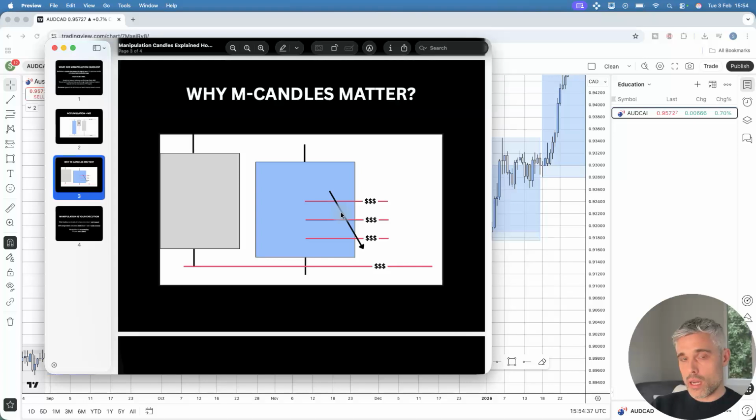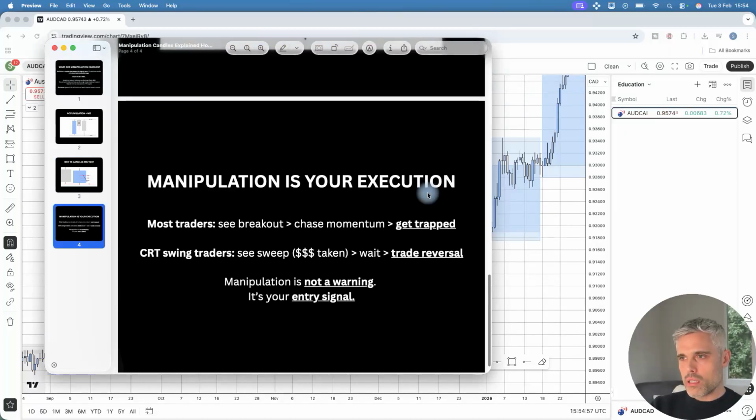Anyone that's getting short is now trapped in their position and they can't get out. The reason for this is that institutions want to trap that liquidity to then distribute into it. So it's all about manipulating money into the market to fill large orders that can then be distributed in the opposing direction.